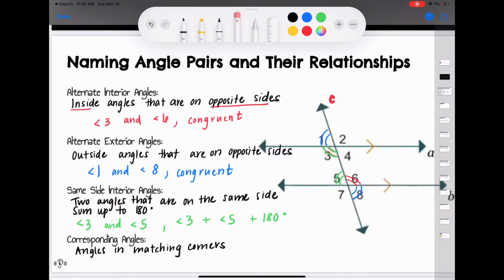A set of corresponding angles in this diagram are angles 2 and 6. As we can see, those angles are in matching corners. Angle 2 and angle 6. Let us remember that angle 2 and angle 6 are also considered congruent.